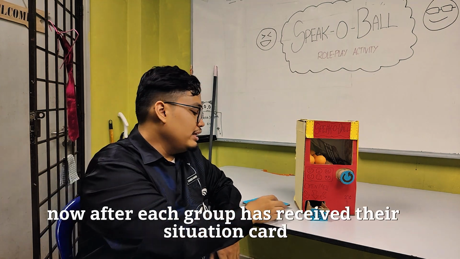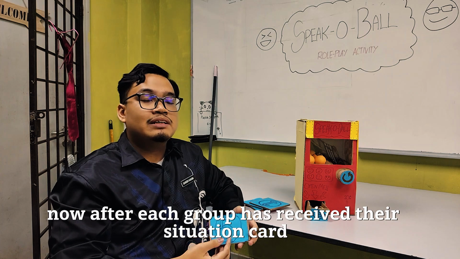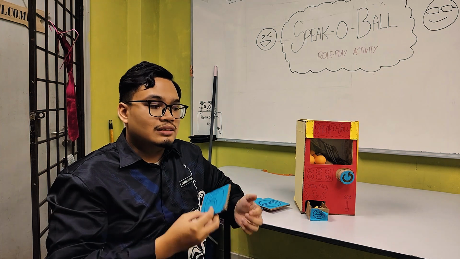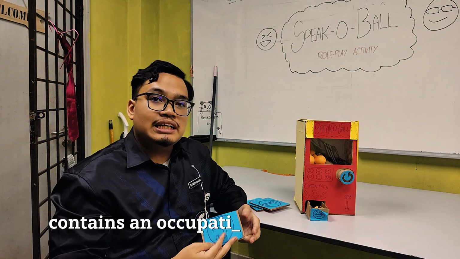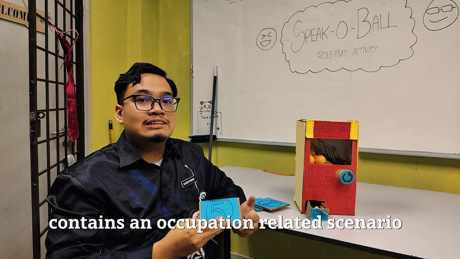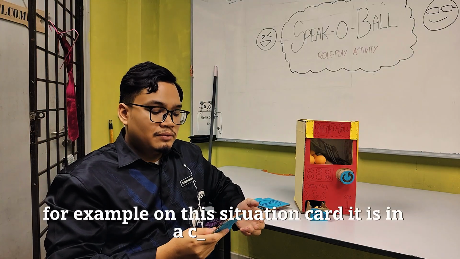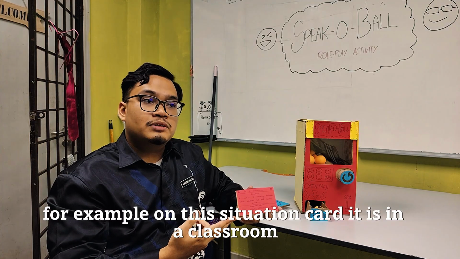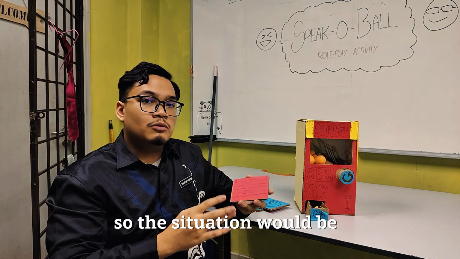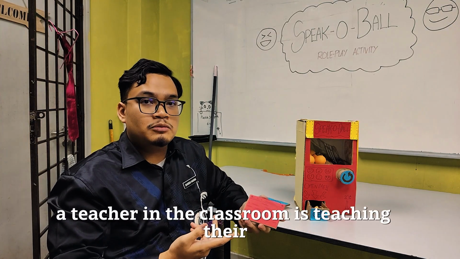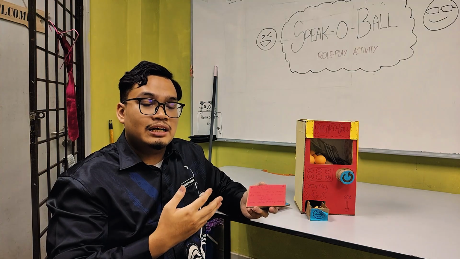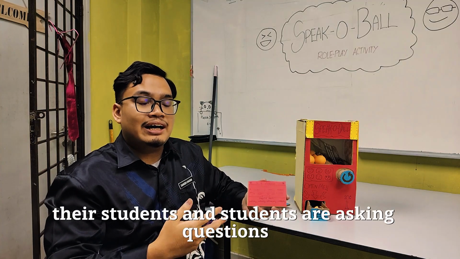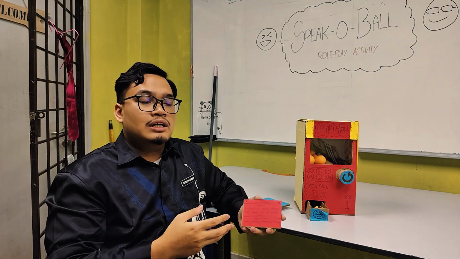Now, after each group has received their situation card, this situation card contains an occupation-related scenario. For example, on this situation card, it is in a classroom. So, the situation would be a teacher in a classroom is teaching their students, and students are asking questions.